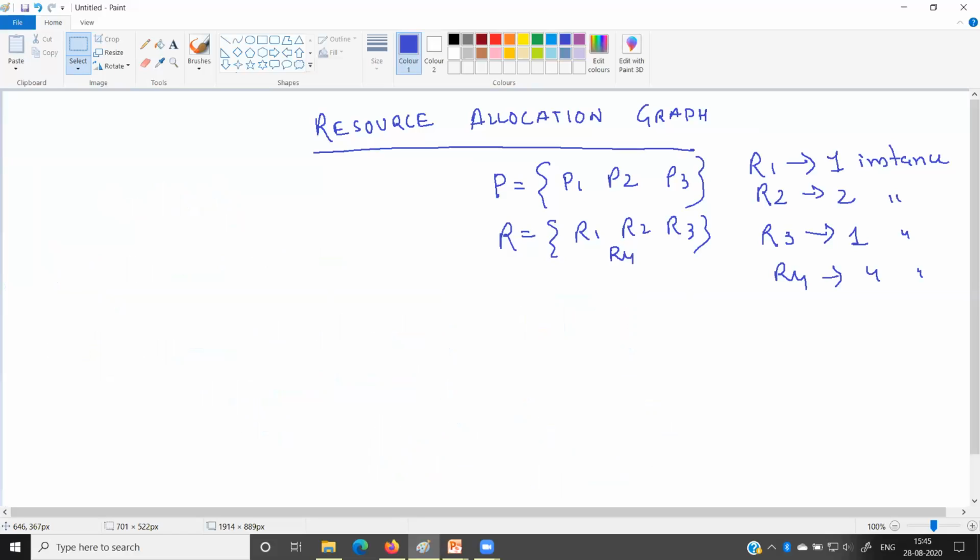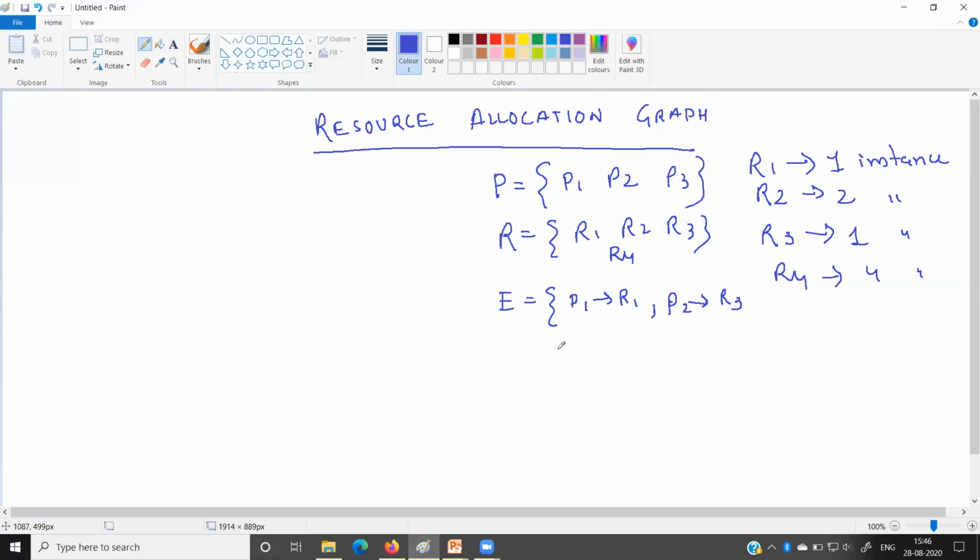There is a set of processes P1, P2, P3, and resources R1, R2, R3, R4, where R1 has one instance, R2 has two instances, R3 has one instance, and R4 has four instances. And there is a set of edges E. What are the set of edges? It will also be given that P1 is making a request for resource R1. The process P2 is making the request for resource R3.